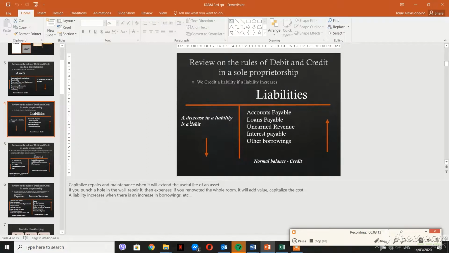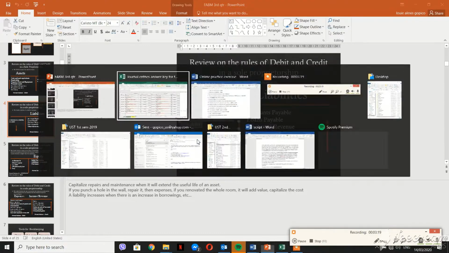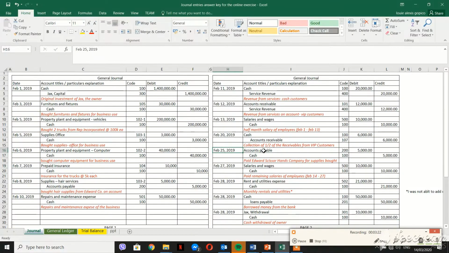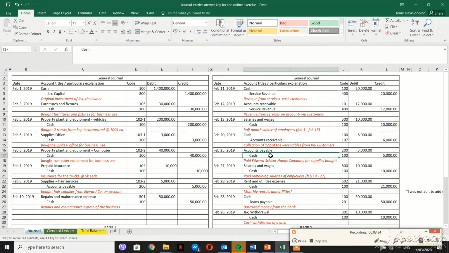And a decrease in a liability is a debit, di ba? Now, we go back here, we debit accounts payable and we credit cash because our cash decreases naman. It is the one that we use to pay for the accounts payable. So the liability decreases, we debit the liability, we credit the asset, the cash, because the cash decreases.